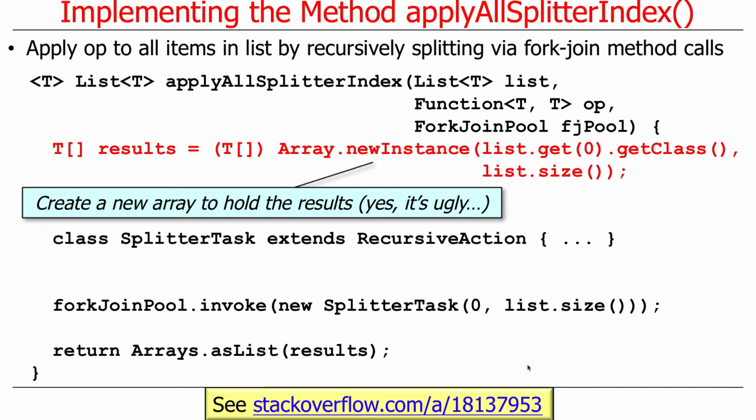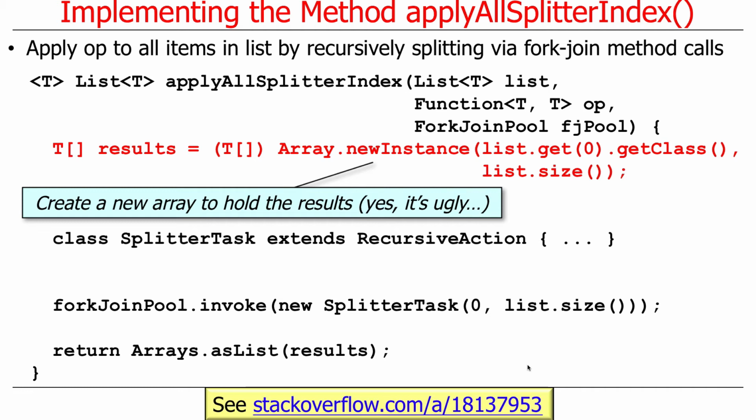Well, Java really doesn't want you to do that. It really doesn't like you making generic arrays using generic things. So we have to do some really sleazy tricks. We have to say Array.newInstance. This is a factory method on the Array class. We're going to figure out what the type of an element of the list is, and so we darn well better have at least one element in this list, otherwise this code's going to blow up.